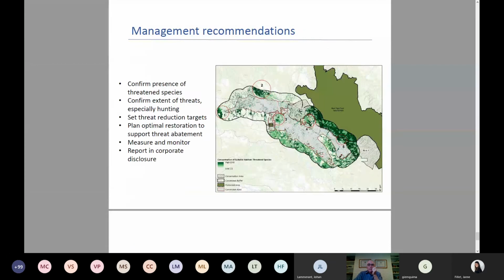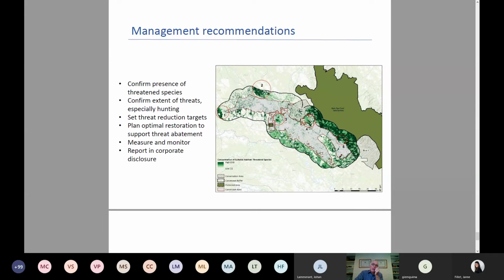If you go to the next slide, a very quick analysis of the management recommendations. You have, in order to get to the next phase of action, and this is where the link to the SBI metric comes in, you need to confirm the presence of the threatened species and the threats that apply to them. You need to set threat reduction targets. That's what will give you the flow of, if you like, the STAR units that will show you've contributed to global and national targets.